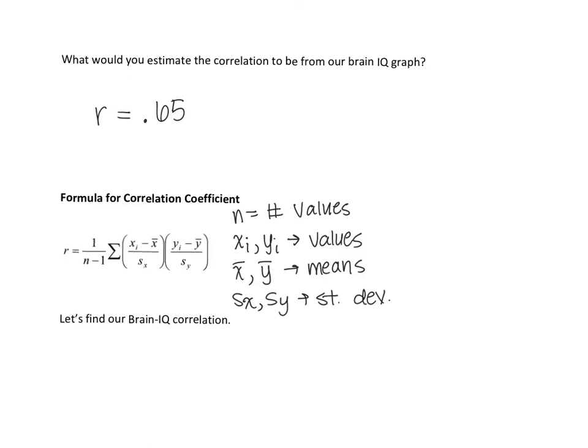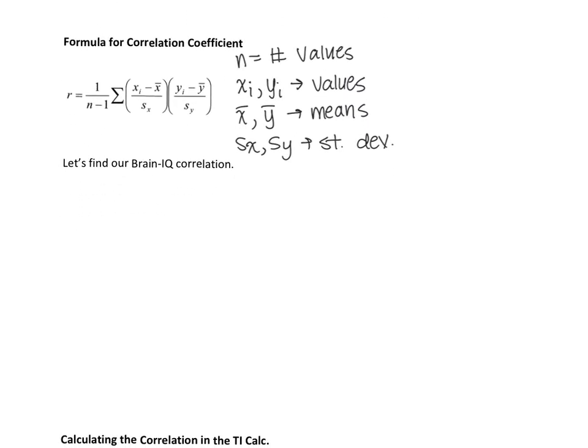If we were going to calculate the correlation coefficient directly by hand, it would be a very time-consuming process. We would calculate the mean by hand, the standard deviation by hand, then plug it all into the formula. So I'm not going to do it quite all by hand. I am going to use a calculator to calculate the standard deviations and the means for me, but I will show you how to calculate the correlation for our brain IQ example partly by hand. Let's start by listing some of the values.